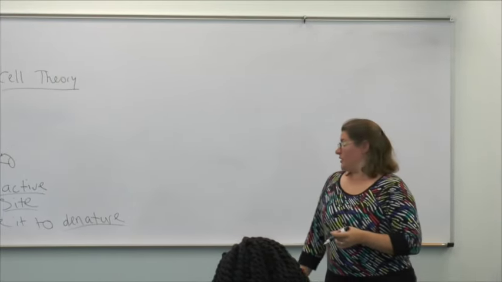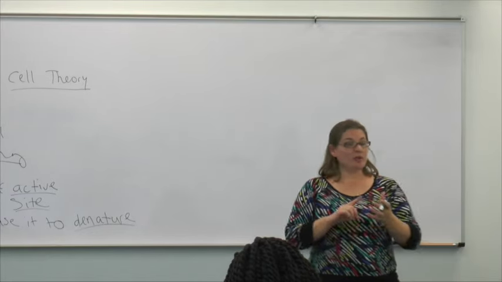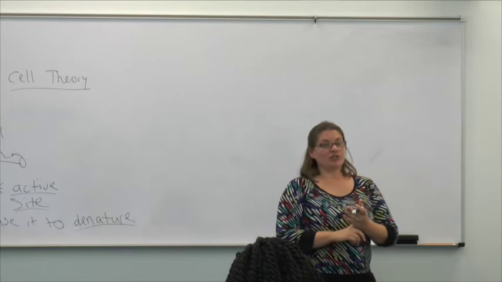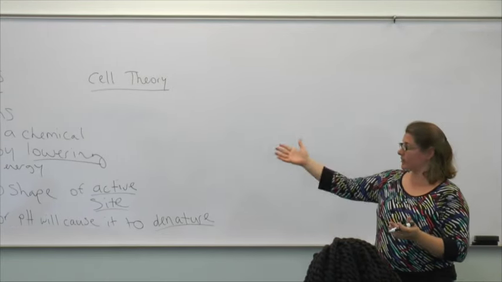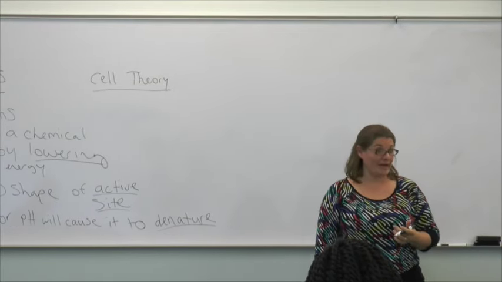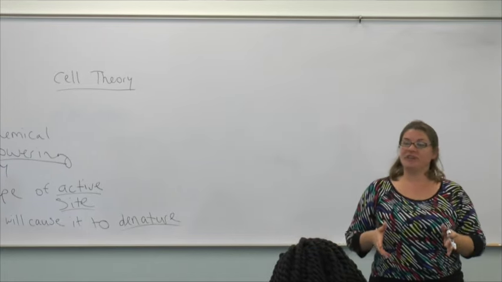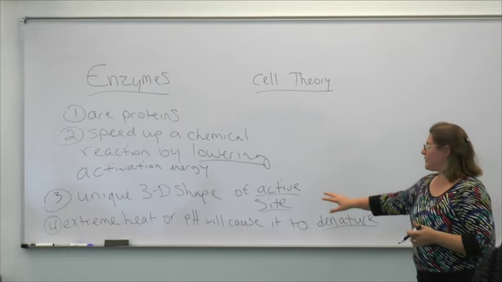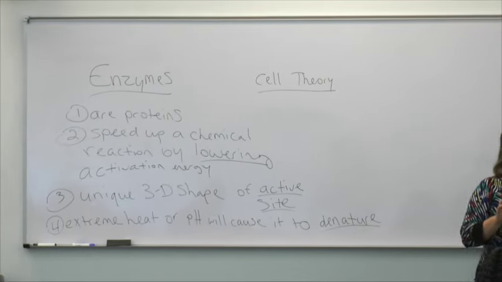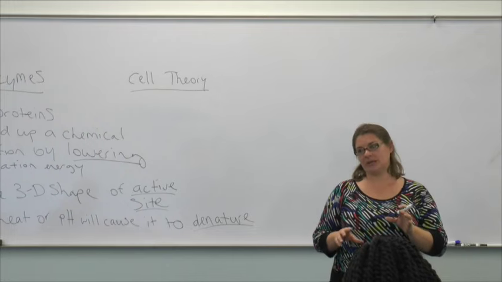Okay? So that's 4 different things about enzymes that I've listed, right? Enzymes are proteins. They function as catalysts, because catalysts are responsible for speeding up a chemical reaction. And enzymes do this by lowering the activation energy, or the energy of activation. Enzymes have a unique 3-dimensional shape, specifically of that active site, that determines what substrate is going to fit with it.